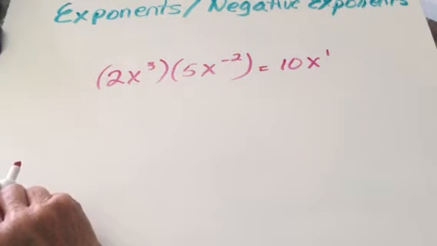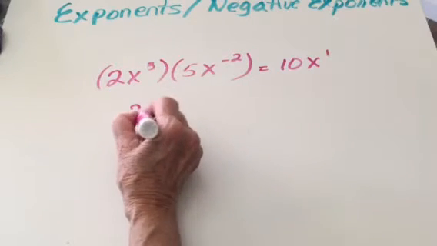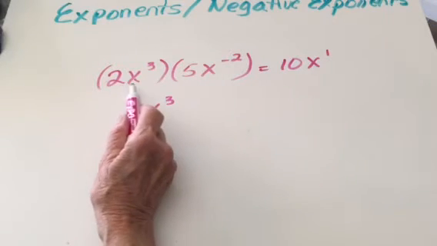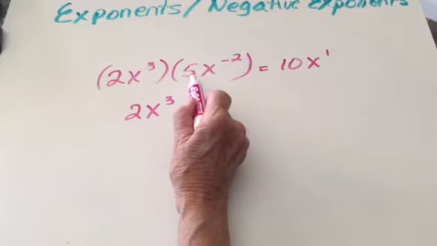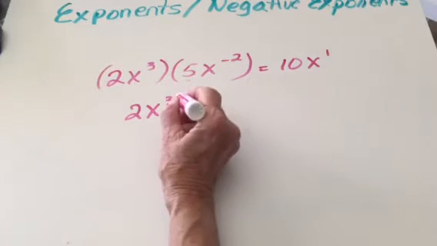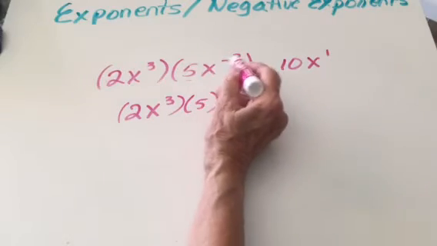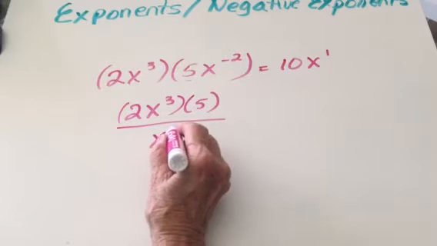See that? Let me show you another way to write this. 2x to the 3rd, I could keep upstairs, couldn't I? Because it's just the same. But what do I have to keep upstairs here? Just the 5, right? Times 5. And then this x squared, I have to put downstairs, x squared.